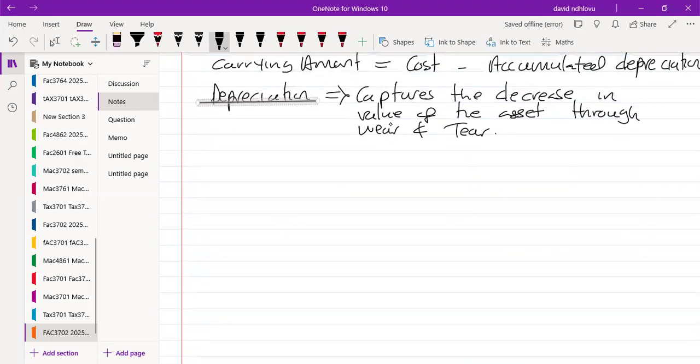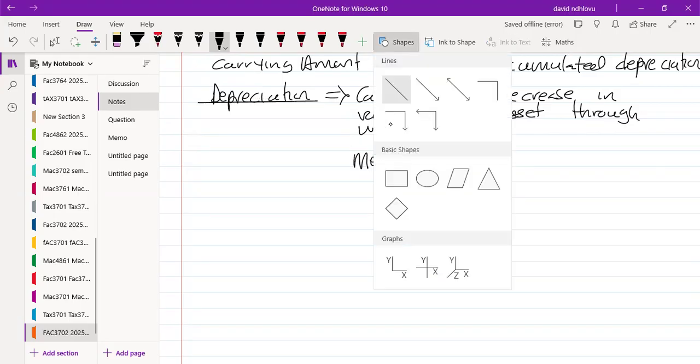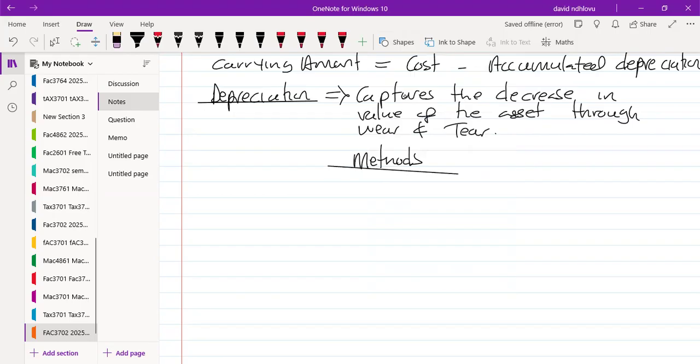When it comes to depreciation, we have a number of methods that we use. Which methods do we normally use, good people? The straight line method. We have our usual straight line method.